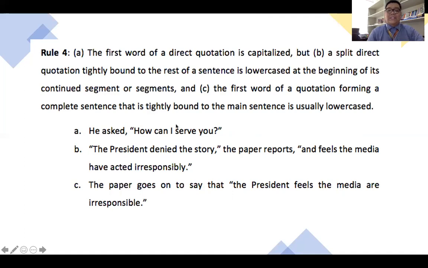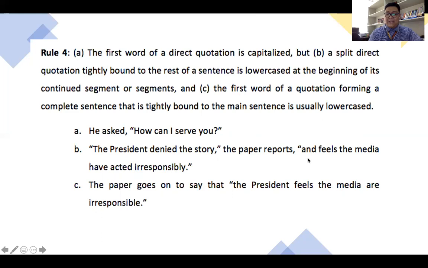Second one, the president denied the story. The paper reports and feels the media have acted irresponsibly. Now, if you look at this one very carefully, there is actually something that exists between these two verbatim statements. In short, this divides the one long statement here into two parts. The president denied the story and feels the media have acted irresponsibly.